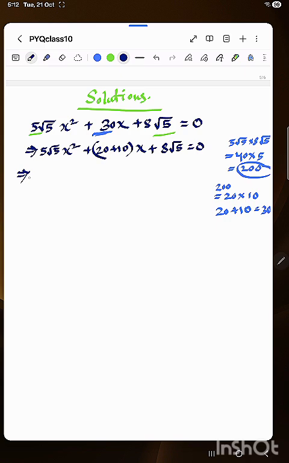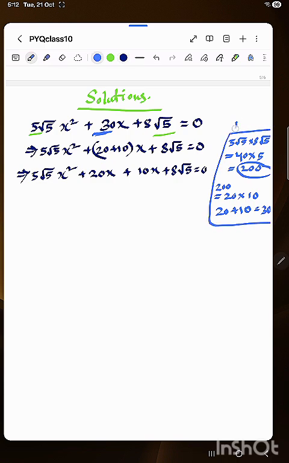Now expand this expression: 5 root 5 x square plus 20x plus 10x plus 8 root 5 equals 0, right? Now there is grouping I can do. These two can group together, these two can group together.